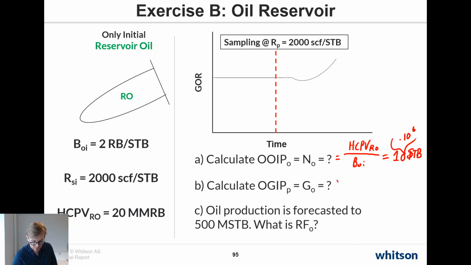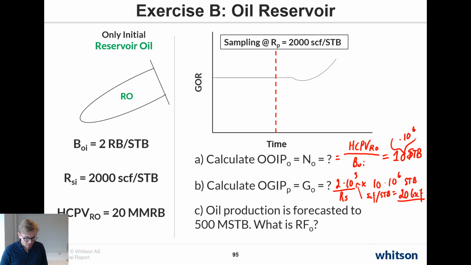So we take 2,000 scf per barrel, the solution GOR, and we multiply that with the oil in place number, which is 10 to the 6. Okay, so just to get the units straight as well, we know the units of this is scf per barrel, which will leave us with 20 BCF of gas.